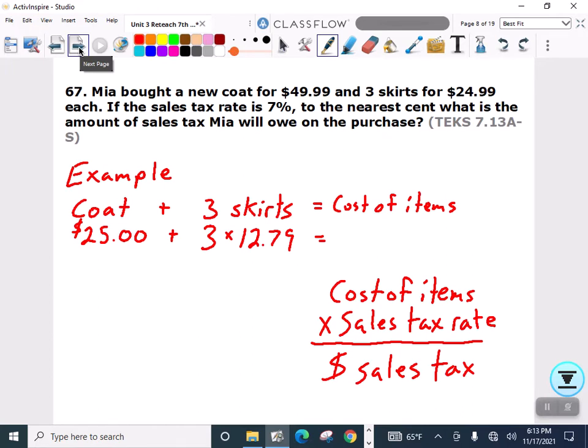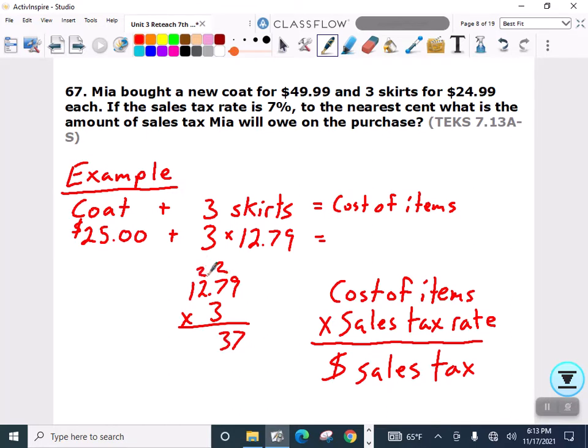Mia bought a new coat and 3 skirts. In my example, I changed the prices. So that way, you'd have to calculate. All right. Now what we need to do is figure out what 3 skirts at $12.79 each would cost. So 3 times $12.79. 3 times 9 is 27. 3 times 7 is 21 plus 2 makes 23.